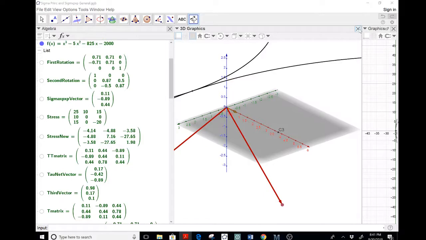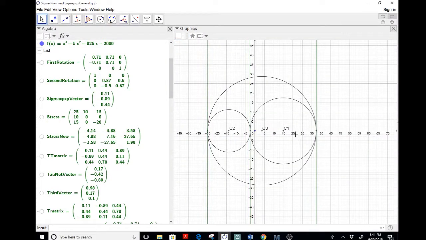Now I want to talk a little bit about the Morse circle one more time, and why it is constructed the way it is. What we'll find is that all states of stress that are allowed can be either on the perimeter of these circles or in this body between the circles, in this kind of area between the three.